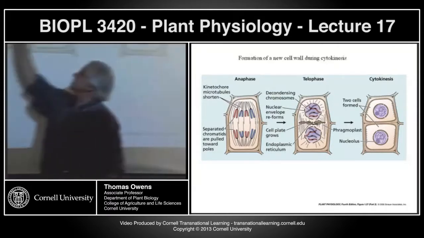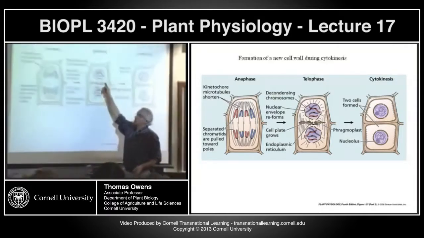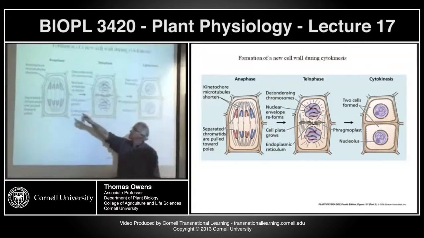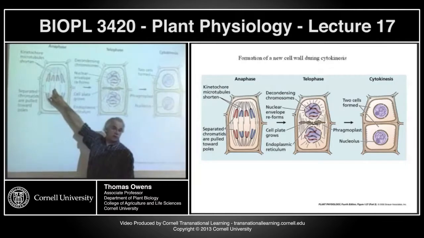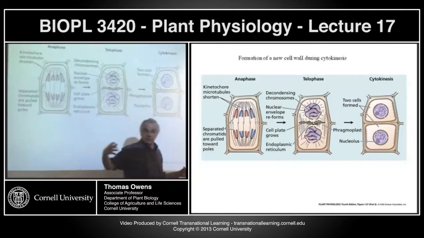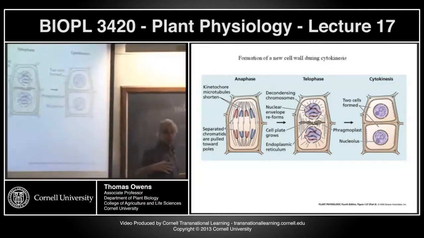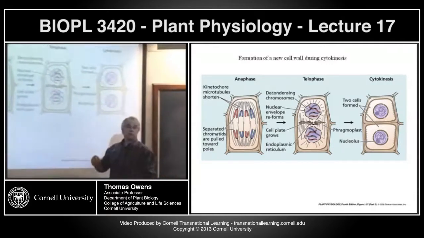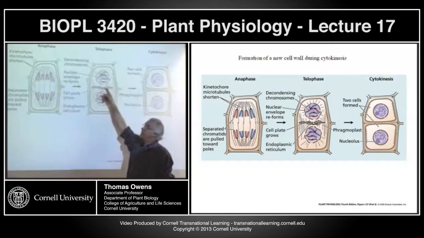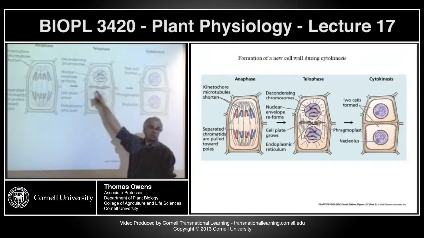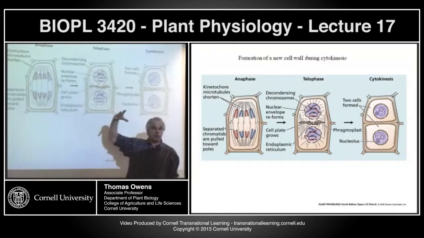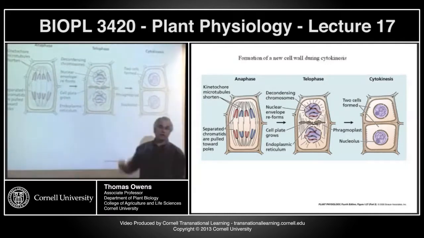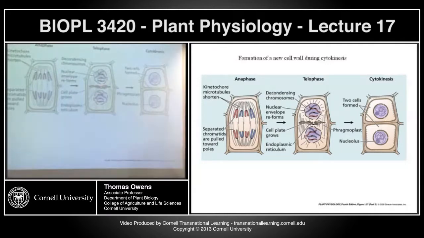One of the things that dictates the formation of the cell wall between the two new daughter cells is that we know these microtubules that play a role in separating the chromosomes during mitosis, as soon as those chromosomes are finished separating, the majority of those microtubules reorient in a direction that's perpendicular to the way the chromosomes just moved. They reorient in the region where the cell wall is going to form.